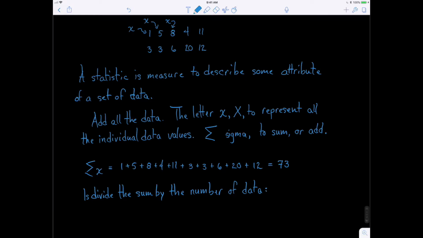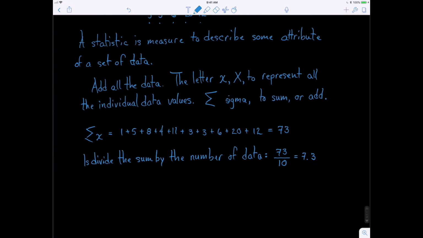In this set, if you come up here, 1, 2, 3, 4, 5, and there's 2 rows of 5, so I have 10 data values. So what I would do is take the 73 and divide it by 10, and this would give me the result of 7.3.